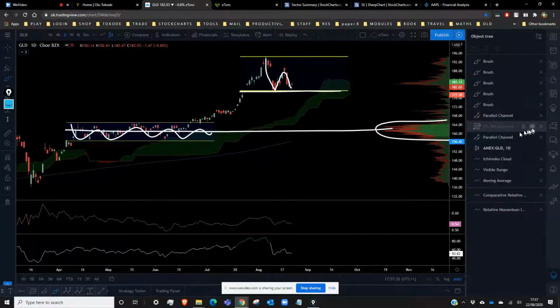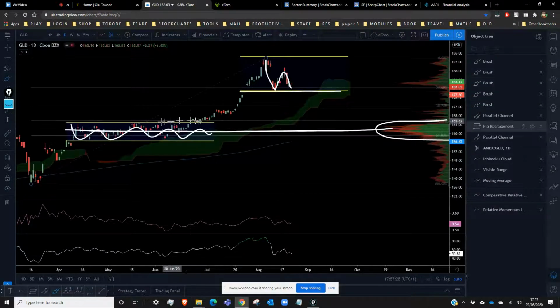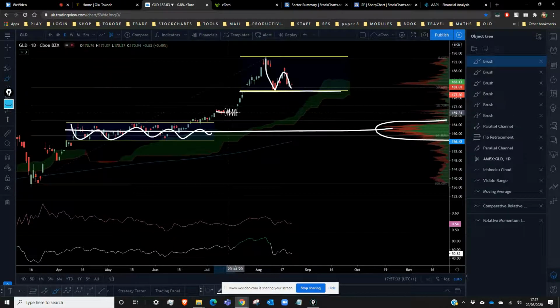Perhaps if I turn on my Fibonacci retracement, there was a brief period of consolidation here at 169. It's very close to the 38% Fibonacci level and the top of this channel, which is the 50%.